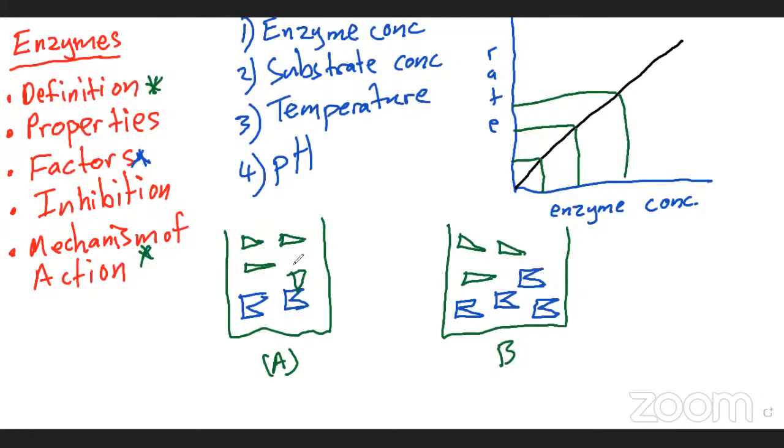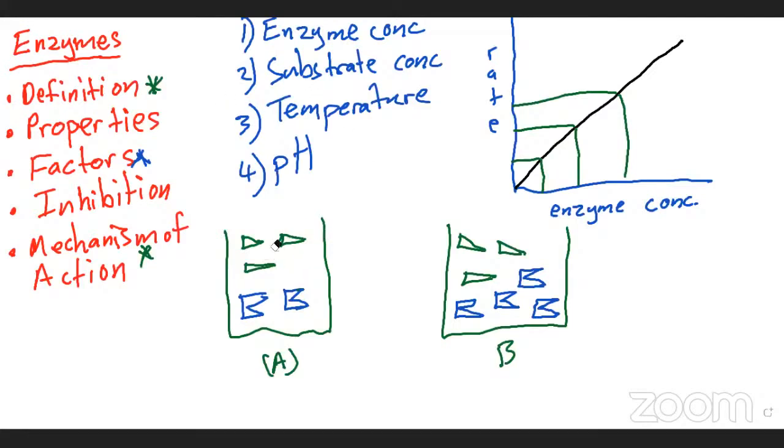In the container, the enzyme and the substrate will be colliding, but no reaction will occur unless you get an enzyme substrate complex. And to get the enzyme substrate complex, it has to bind to the active site. So it's not just about colliding, it's about colliding in the correct orientation.